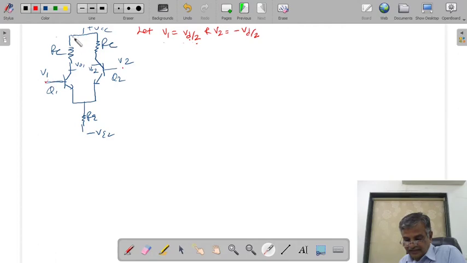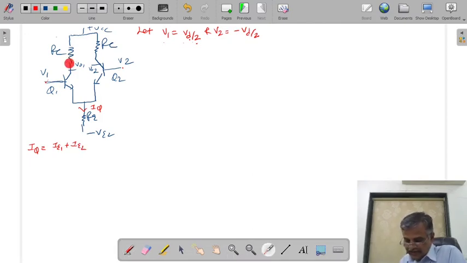As this voltage increases, this current increases. As this is decreasing, this current decreases. So IQ here is nothing but the sum of the two currents, IE1 plus IE2.